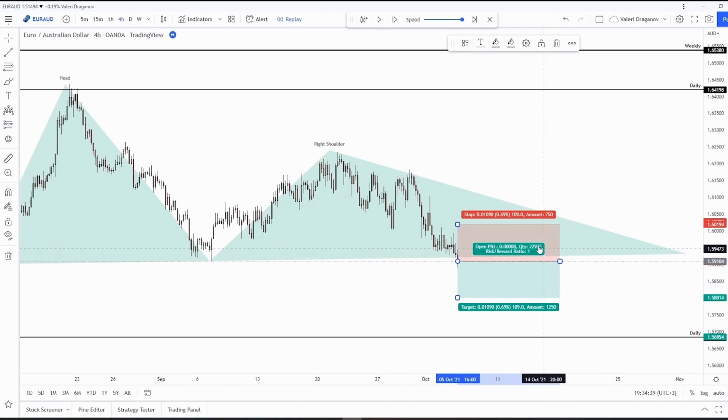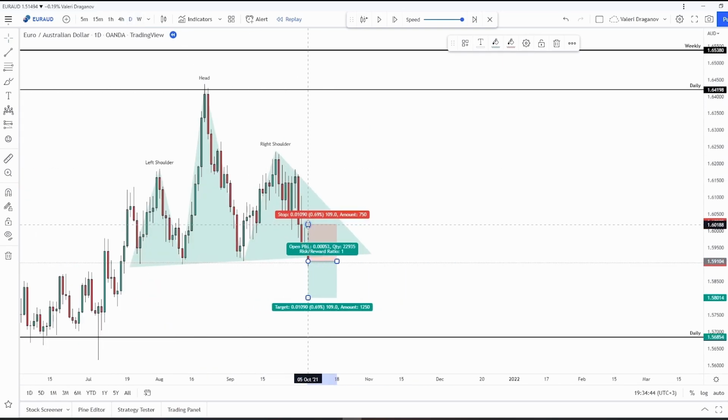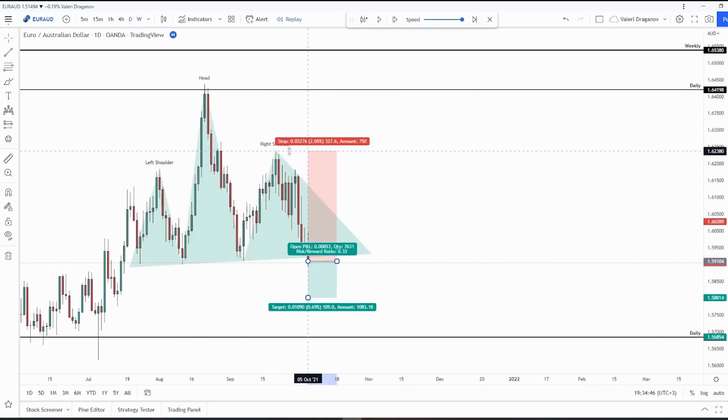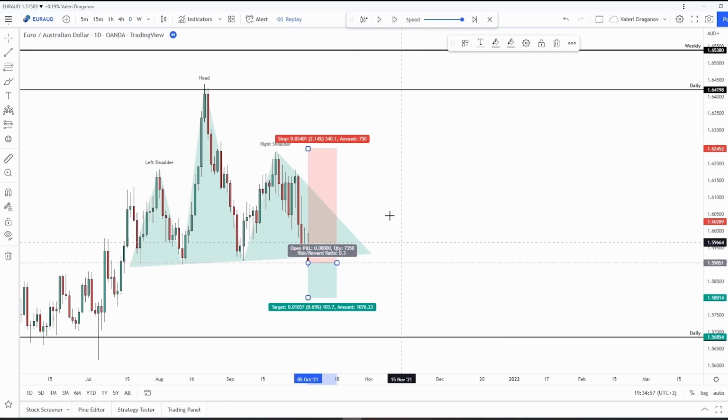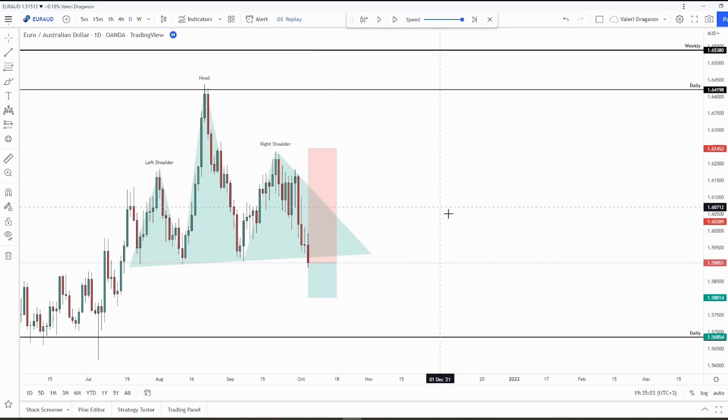Now we're gonna adjust the take profit and the stop loss on a daily chart again. Our stop loss is 10 pips above the right shoulder, let's make it 340 pips. Let me adjust it a little bit. Yes, 340 pips.